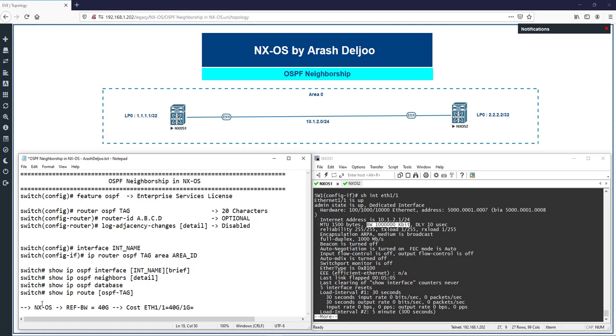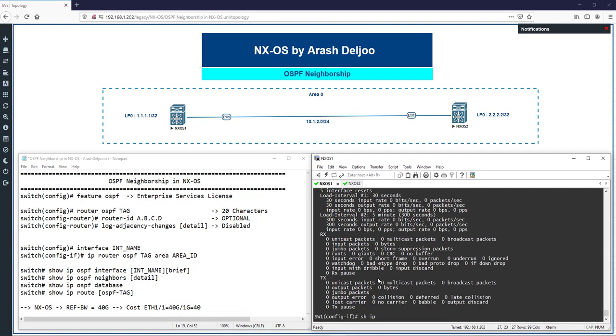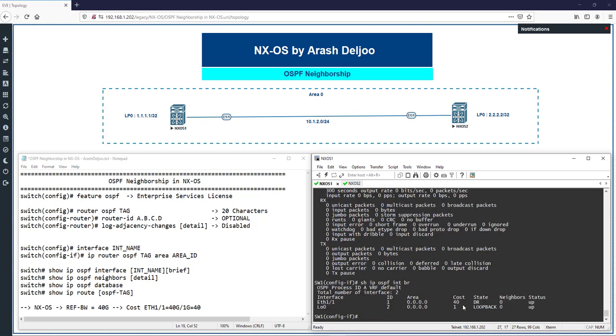You know that the cost in OSPF is equal to the auto-cost reference bandwidth over the interface bandwidth. Because of that, now the cost of this interface is 40. Because of this, here in show ip ospf interface brief, this interface cost is 40 and the cost of loopback 0 is 1.